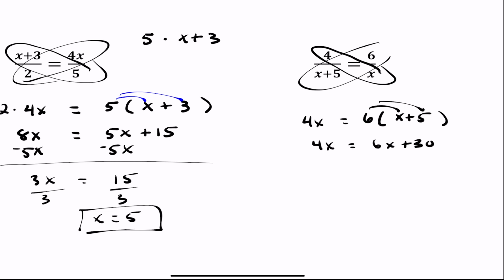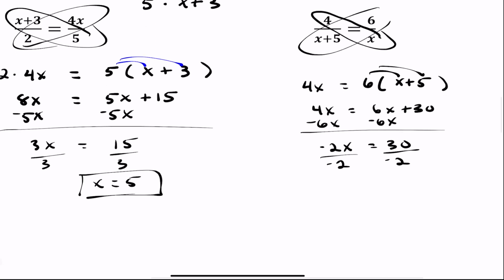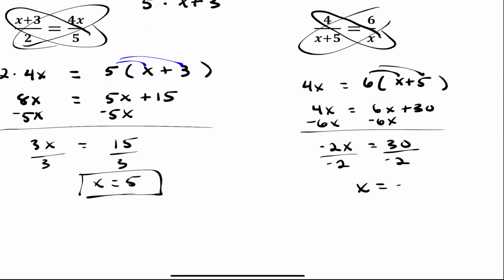Now, I'm going to subtract both sides by 6x here. So I have negative 2x, because 4x minus 6x is negative 2x, equals 30. Then let's divide both sides by negative 2. So x is equal to negative 15. And that's my answer.